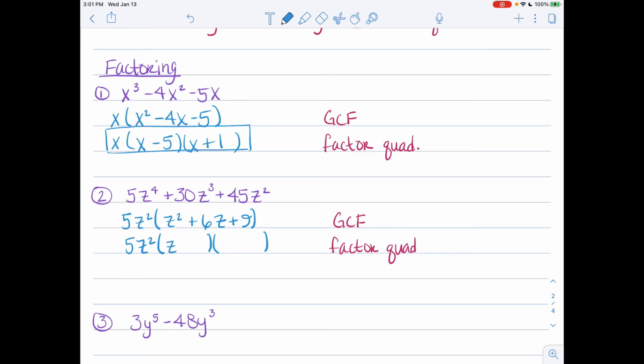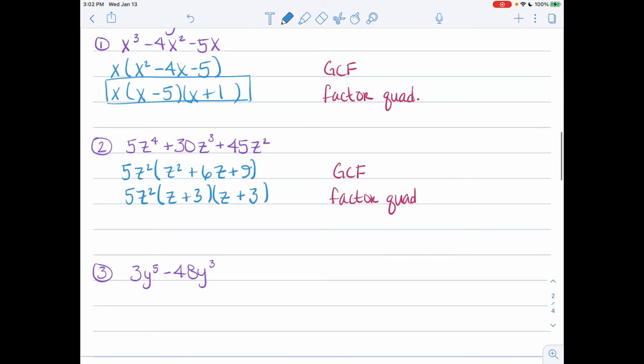I can put my z's in front, and 3 plus 3 is 6, and 3 times 3 is 9. So that's going to be my factor in both places, 3. I can rewrite this in just a little more simplified terms if I say z plus 3 and then square it, because notice I have a repeating factor here, the same factor twice. So this is just a simplify step.